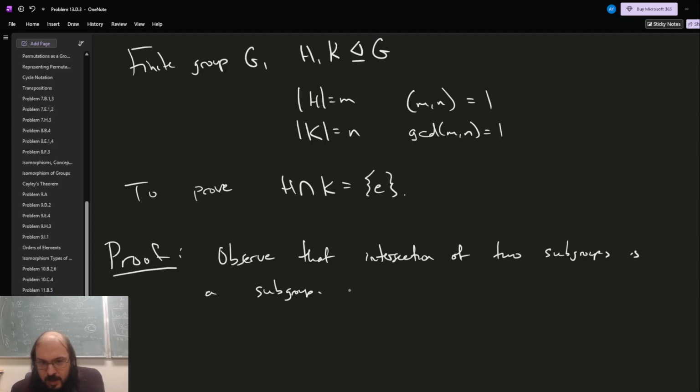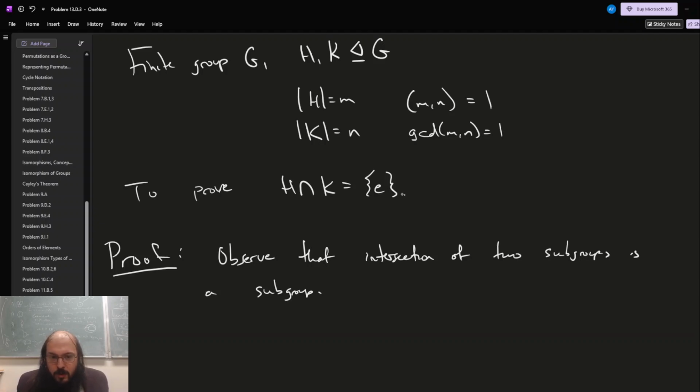And the reason is because they both contain the identity. We can see that that's by definition. They have the same operation, and they're individually closed under their operations. So if I have two elements in the intersection and I multiply them, then the multiplication lives in each of them because they're individually closed. But if it lives in each of them, then it lives in their intersection again.